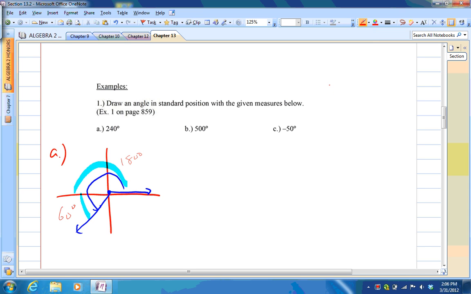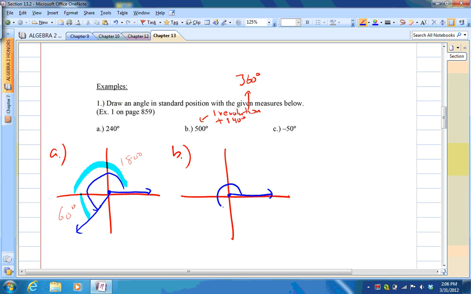Alright, let's look at part B. 500 degrees. Now if you think about it, that's going to be one revolution plus 140 degrees. Because one revolution, hopefully you know this, is 360 degrees. So changing colors again. Start at the origin, draw that.